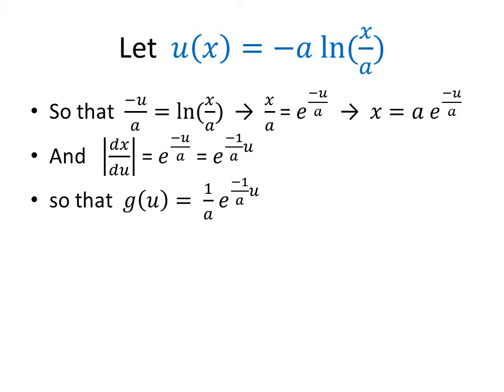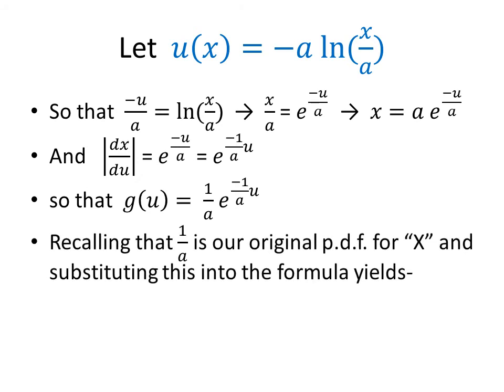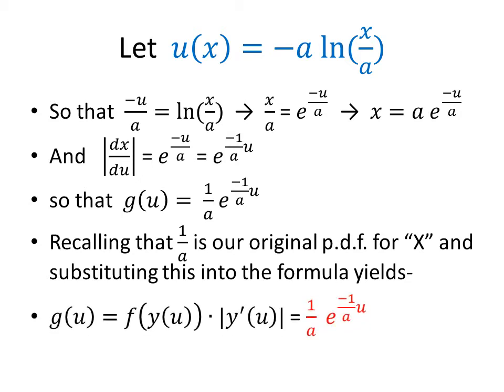When we do, we get this very interesting, very important result, 1 over a times e to the negative 1 over a times u. This happens to be the all-important exponential distribution. And the reason why we get this, recalling that 1 over a is our original probability density function for x. Substituting this into the formula yields what you see here.